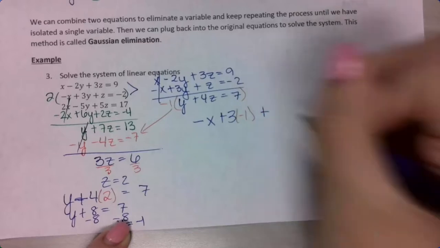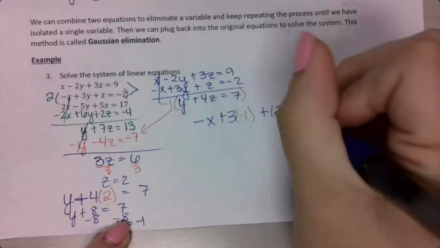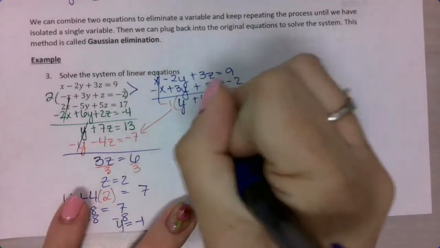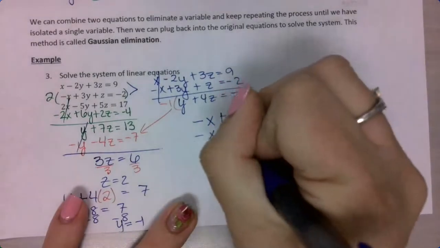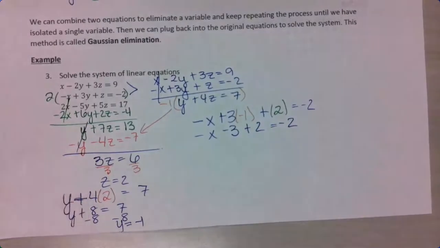And plus z, I'm plugging in 2. This should give me negative 2. So I want to simplify. I have negative x minus 3 plus 2 equals negative 2.